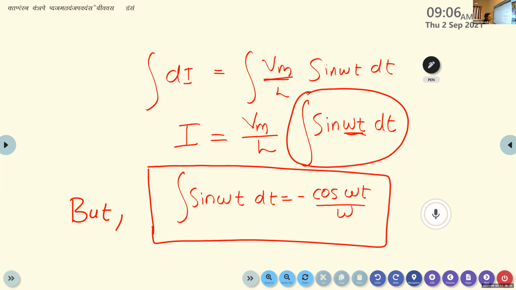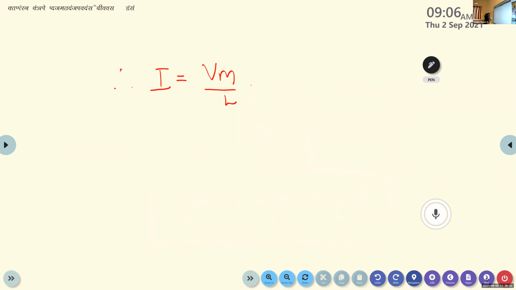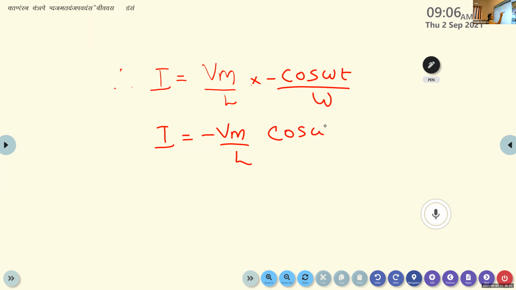So we can write I is equal to Vm by L into minus cos ωt divided by ω. Or we can take that negative sign outside: I is equal to minus Vm by L cos ωt, and we can rearrange, take this ω to here. I is equal to minus Vm by Lω into cos ωt.